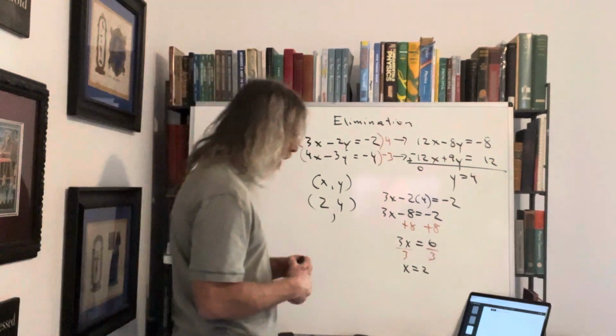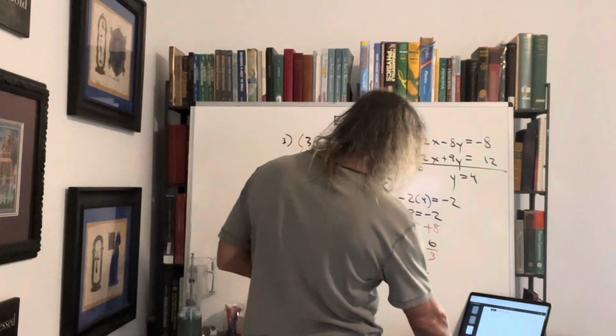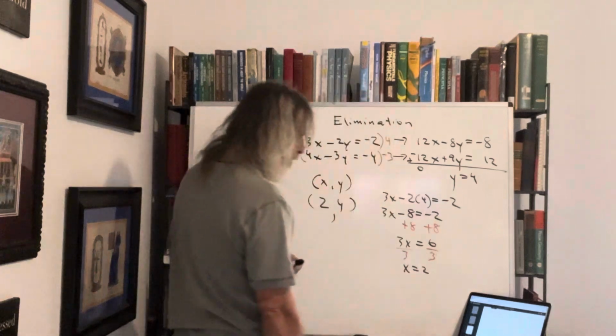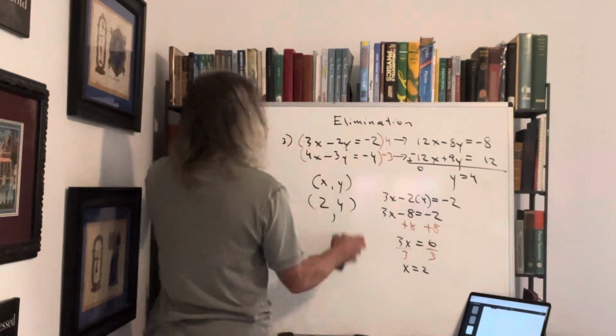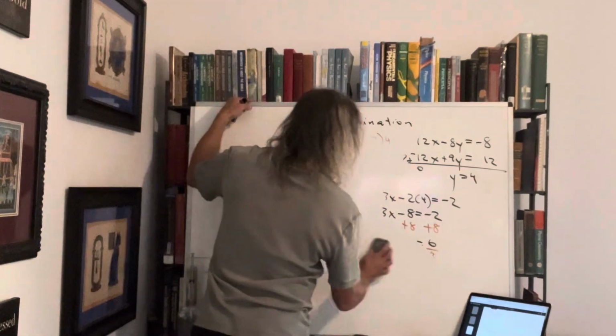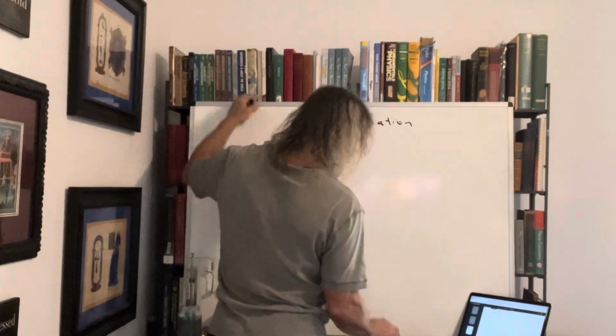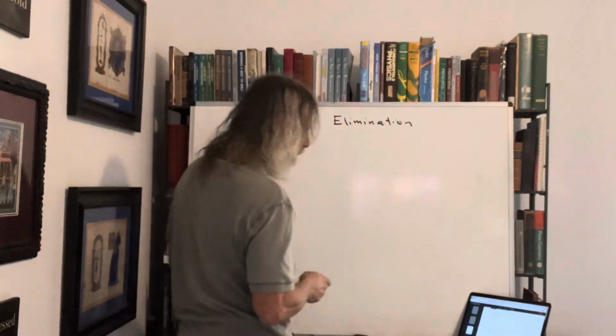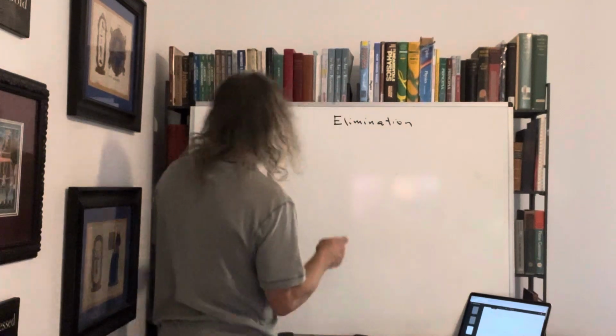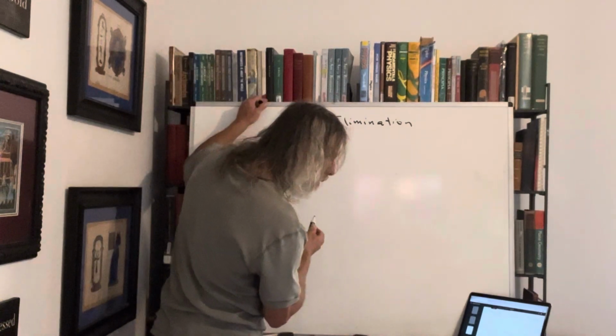Okay, one more like this. We'll try this one over here. 8x plus 4y is 12.